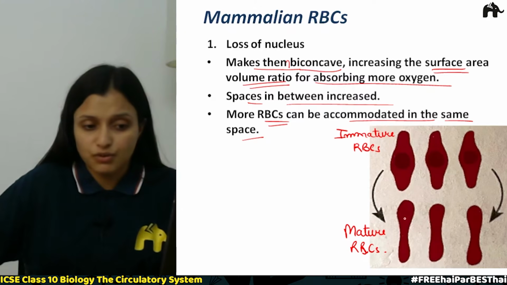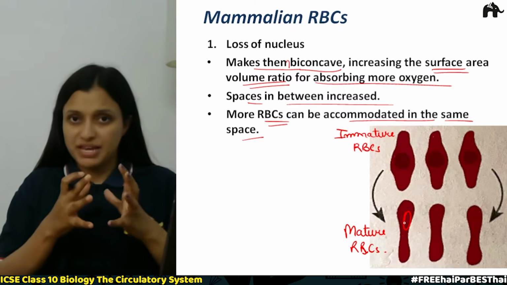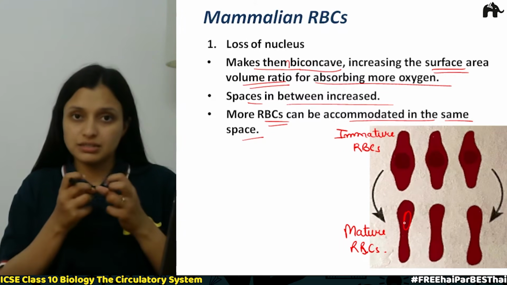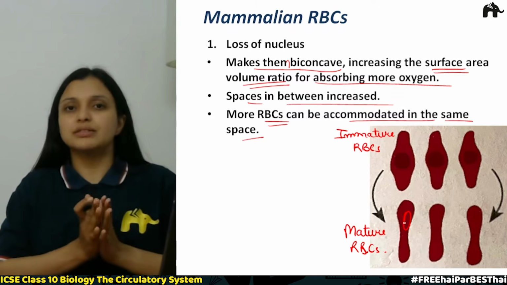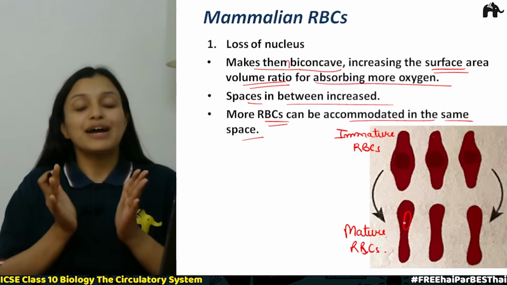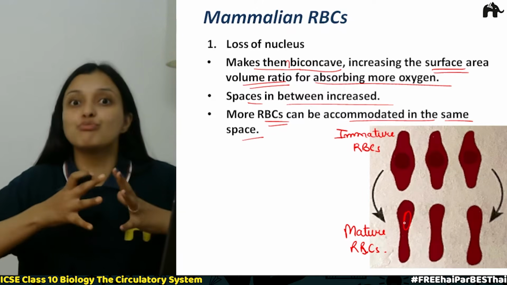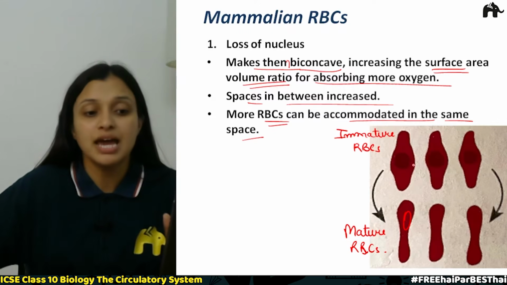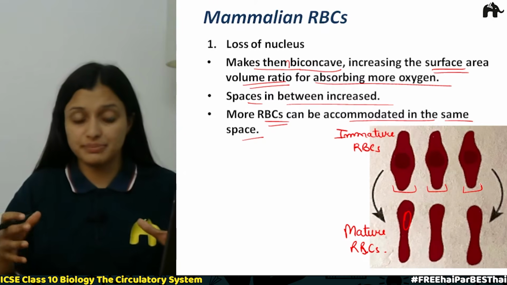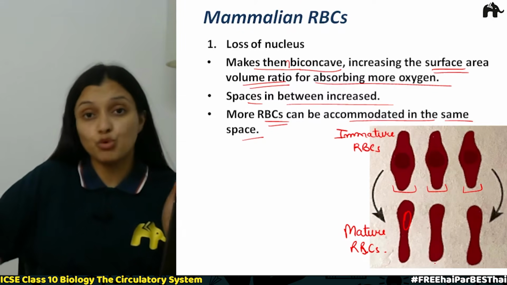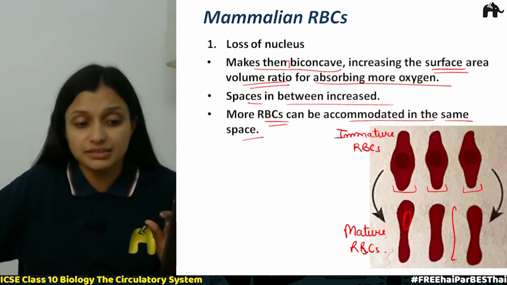Since the nucleus has been removed, they are now more thin and lean, which accommodates more RBCs. Over here you can see this much space is consumed by 3 RBCs, but now they have become thinner and leaner, so more RBCs can be accommodated in this place.